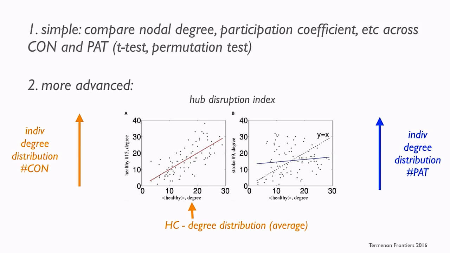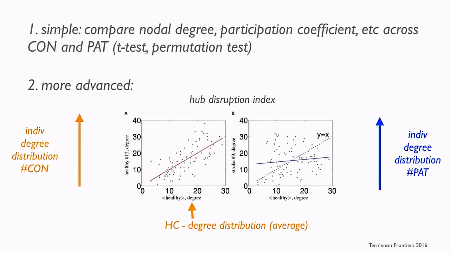One of the options was proposed by Temenon and colleagues, in which they said, well, we can also look at the degree distribution. What if we would take the degree distribution over the entire average population, and then for every one of the individuals, we compute how well the individual distribution correlates to the global average degree distribution. And we do that for our patients and controls.